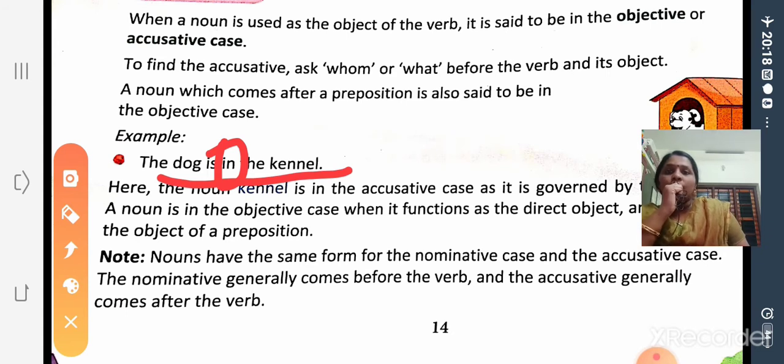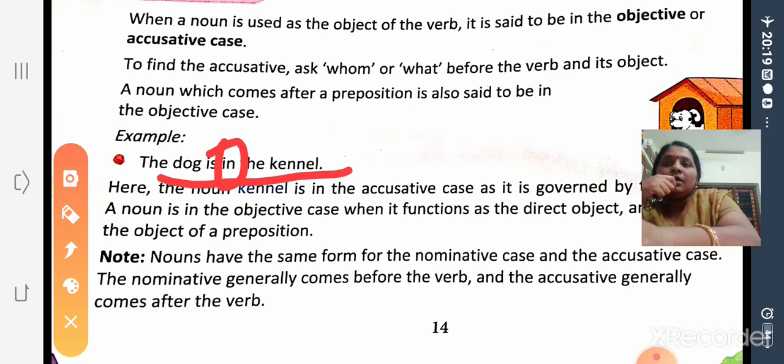Actually, kennel is not the object of that sentence. So when a noun is governed by a preposition, it is called accusative case or objective case. Okay, keep that in your mind.